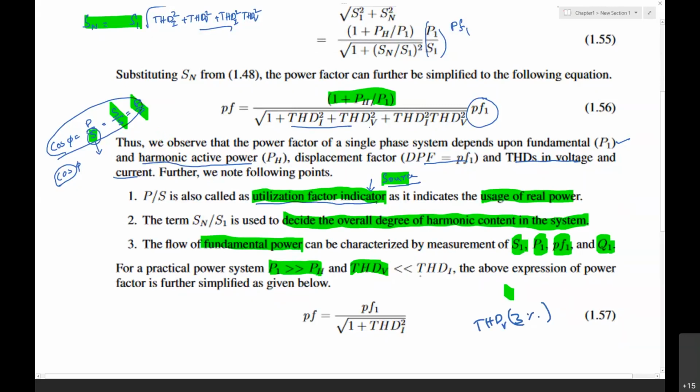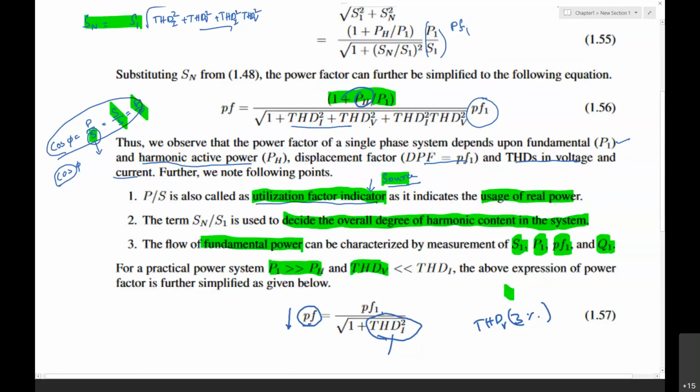Now the above expression of the power factor is simplified as, once this particular factor is removed, we get PF1 times 1 by square root of 1 plus THD in current squared. With this, you can understand that the THD in current is influencing the power factor. If the THD in current is very high, then the overall power factor is going to come down.